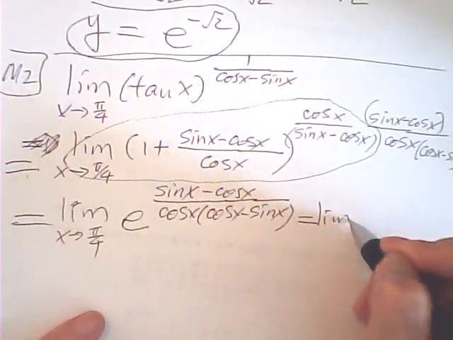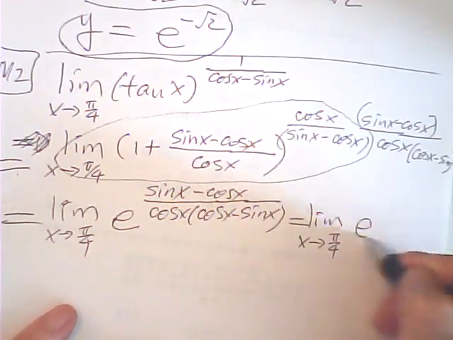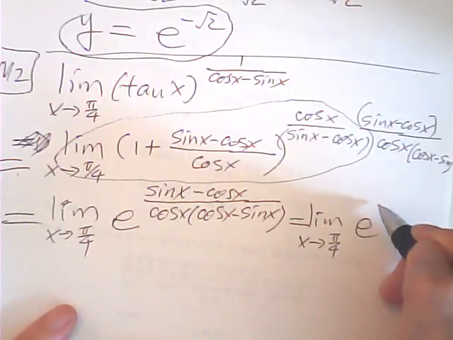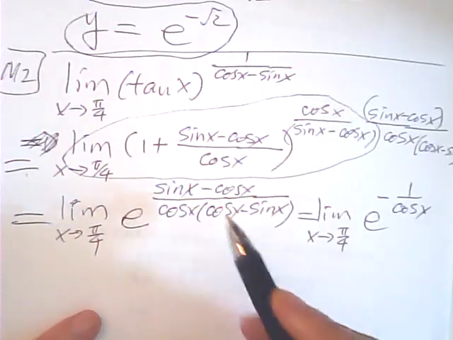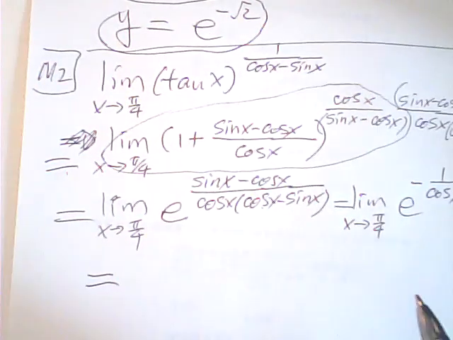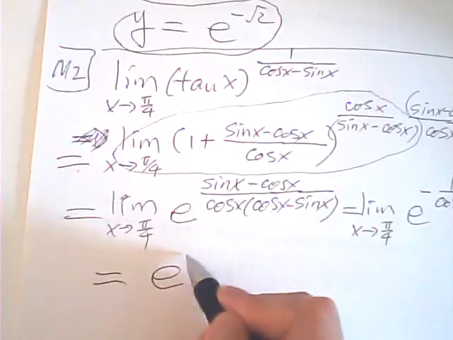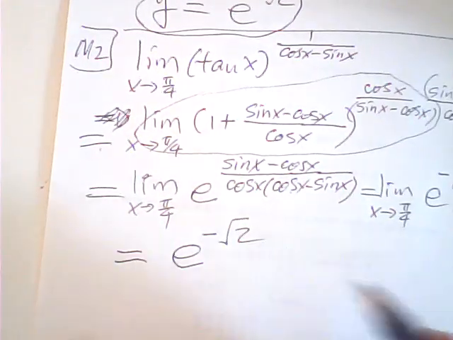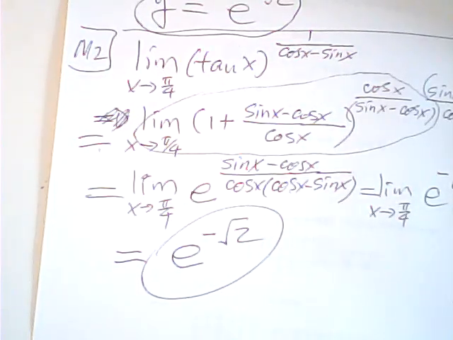So equal to the limit as x goes to quarter pi of e to the negative 1 over cosine, because this over that one is negative 1. When x goes to quarter pi, this is 1 over root 2. So I find the limit by method 2.